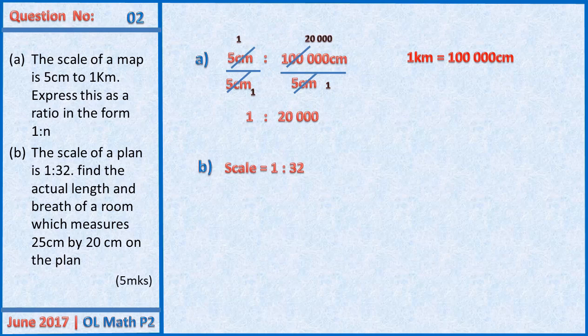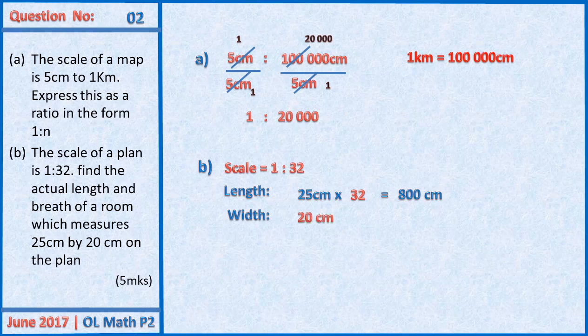To have the breadth or the length, we just multiply the value by 32, since the scale is already in the form 1:n, which means 1 centimeter represents 32 centimeters in real life. So the length is given by 25 centimeters times 32, which gives us 800 centimeters, and the breadth or the width is 20 centimeters times 32, giving us 640 centimeters.